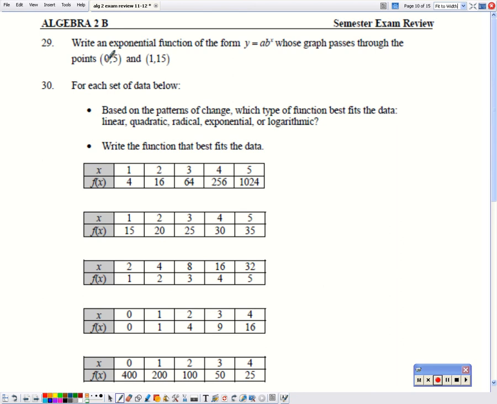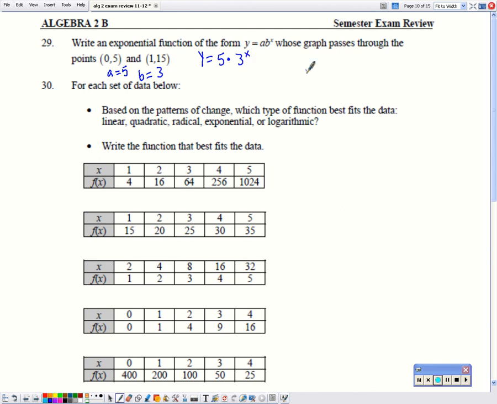The first way is to realize that (0, 5) is our initial value because it is on the y-axis, so a automatically equals 5. Then realize that from 0 to 1, if it's exponential and it's a multiplication pattern, 5 times what gives you 15? Well, that means that b has to be 3, and it's y equals 5 times 3 to the x power.